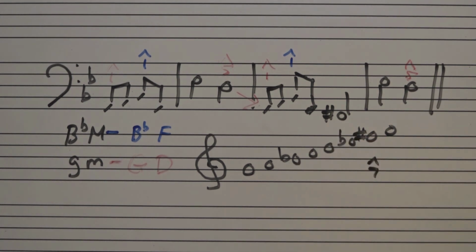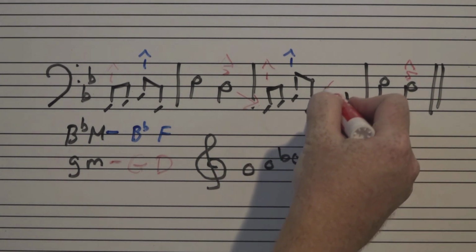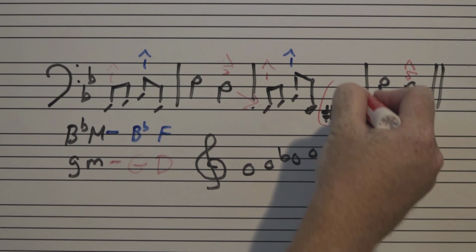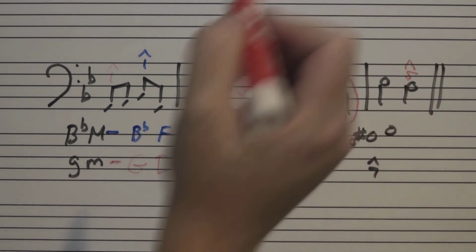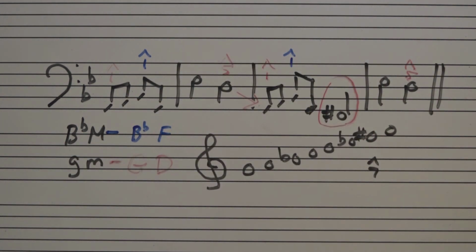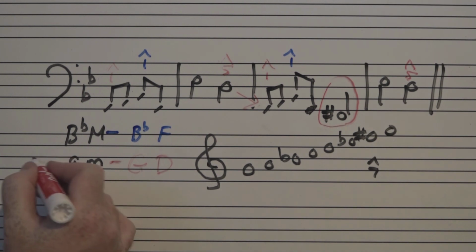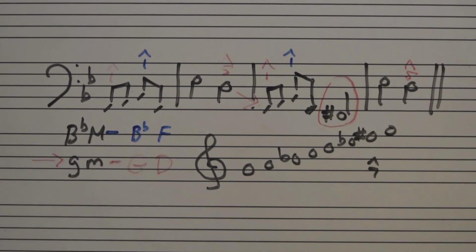And there it is. So that F sharp is some fantastic evidence that we are in G minor. So already it's definitely pointing to G minor.